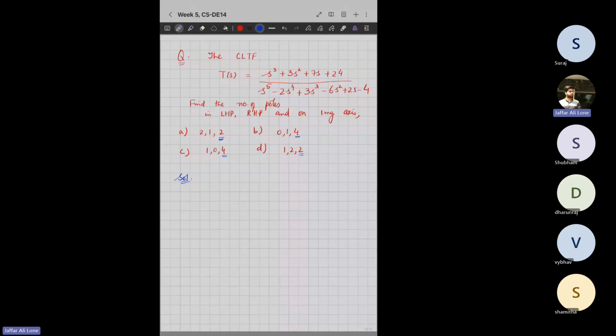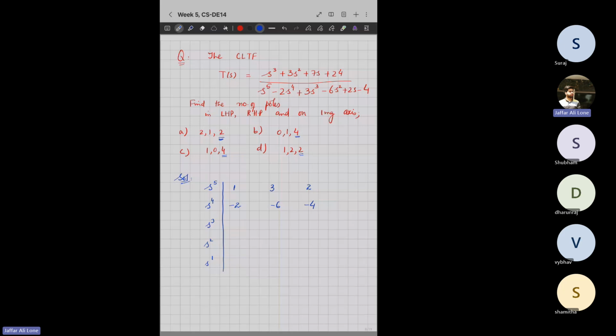Please tell me. I'll just make this array: S5, S4, S3, S2, S1. 1, 3, 2, -2, -6, -4. Yes, please. Anyone?